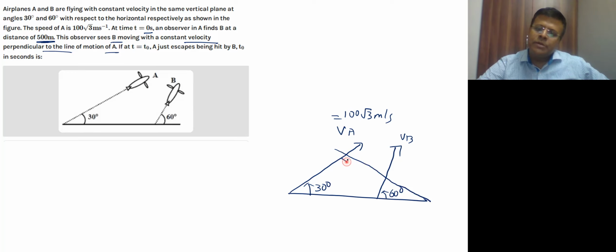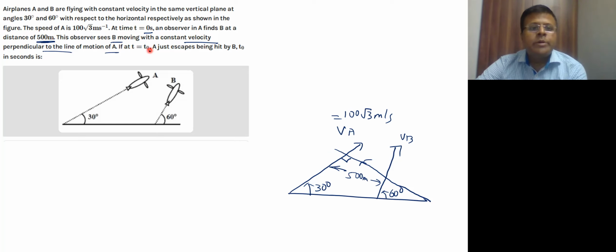That is perpendicular. It is going in this direction. And the distance which is given here is 500 meters. That is written here. Observer in A finds B at a distance of 500 meters. So this is 500 meters.